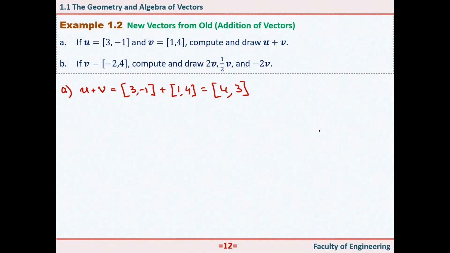And draw u plus v. How do you draw u plus v? It is 4, 3. Here we have the Cartesian plane, y-axis and x-axis. Here we have 4, and here we have 3. So the vector will be this vector. That is u plus v.